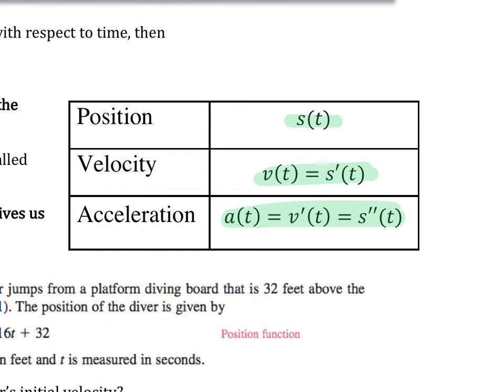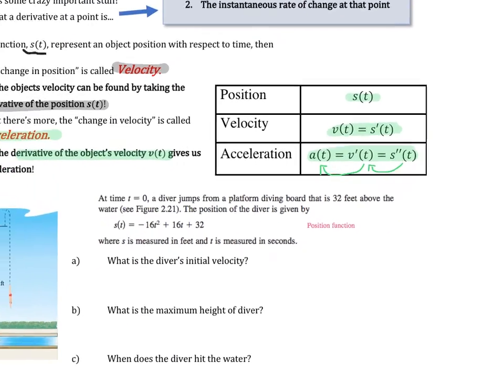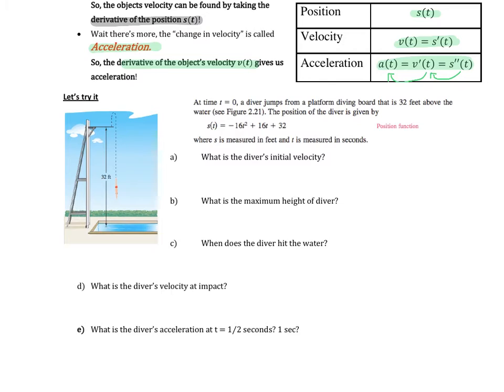So in other words, acceleration is the second derivative. Okay, so we have this kind of hierarchy. If we want to find acceleration, that comes from the derivative of the position.